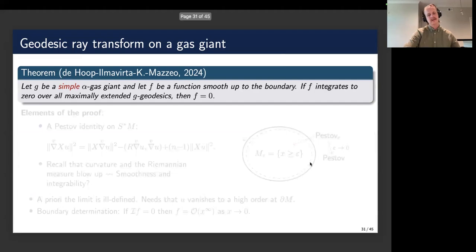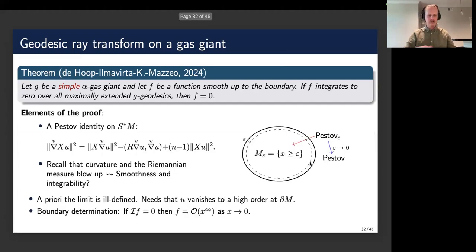Okay. So a little bit about the proof of this. We use the so-called Pestov identities. I think maybe many of you are familiar with this, but let me still explain the basic idea of what you want to do. Here your data is basically integrals of your function over maximally extended geodesics.